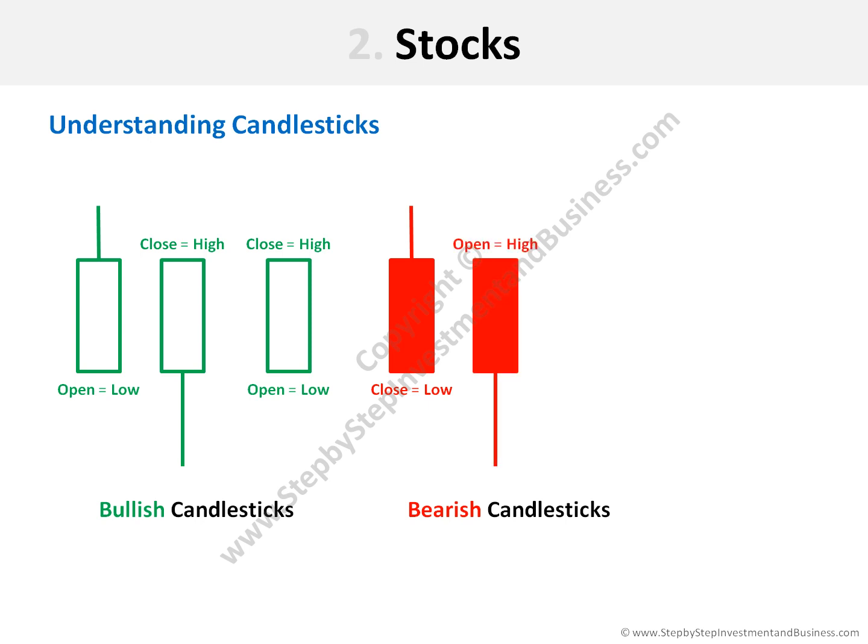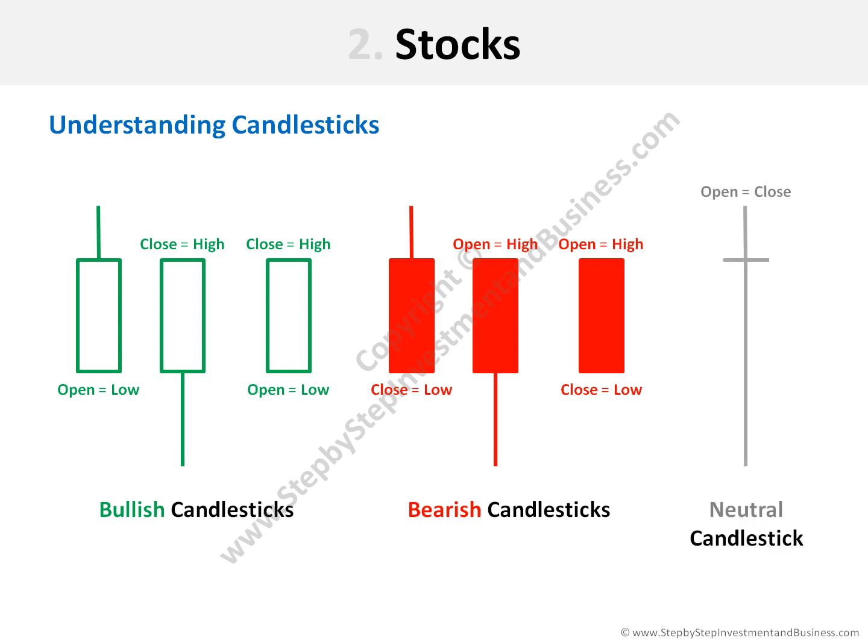In the same way, if the opening price of the stock, that is, the open, is the highest price that the stock was traded at, the top tip of the candlestick matches the top end of the body. On the other hand, if the close is equal to the low and the open is equal to the high, the candlestick is defined only by its body.